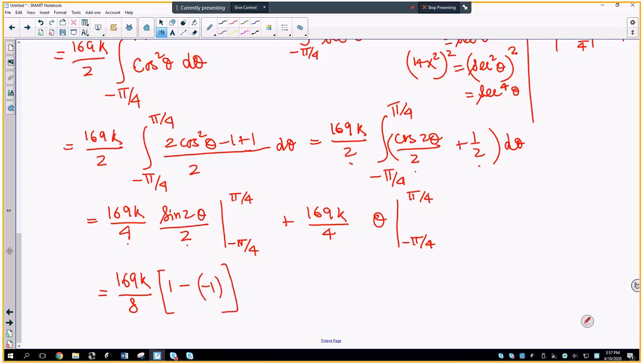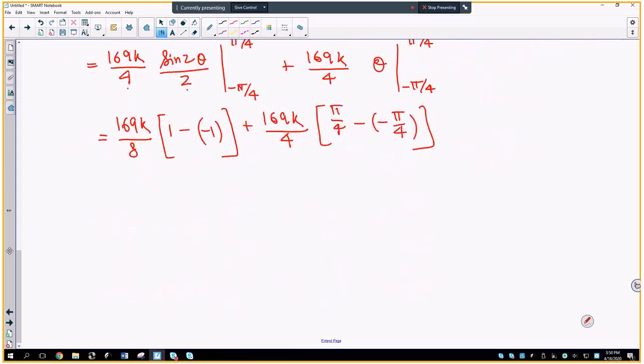So that's what it is, plus 169k over 4, and you will get pi over 4 minus negative pi over 4. So together they're going to give me, this is going to be plus 2, so when you cancel 2 and 8, you get 169k over 4.